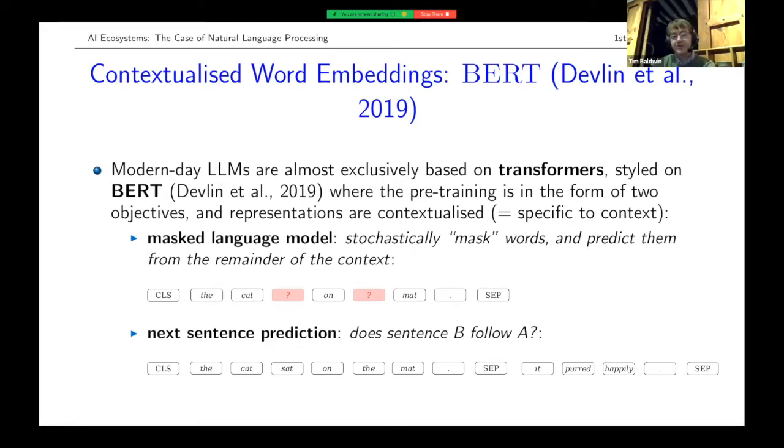In the case of BERT, we have a similar masked language model objective, except that instead of a fixed context, such as 2 words to either side of a word, predicting the masked word, I've got some variable width context, and I'm doing stochastic masking, as in I have some random variable, some hyperparameter in terms of the proportion of words, the prior for masking a given word.